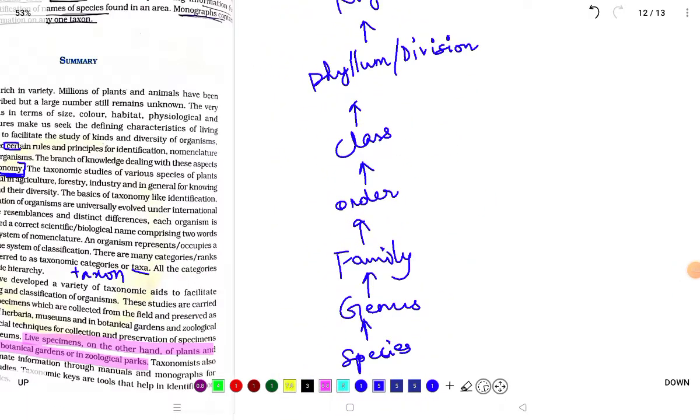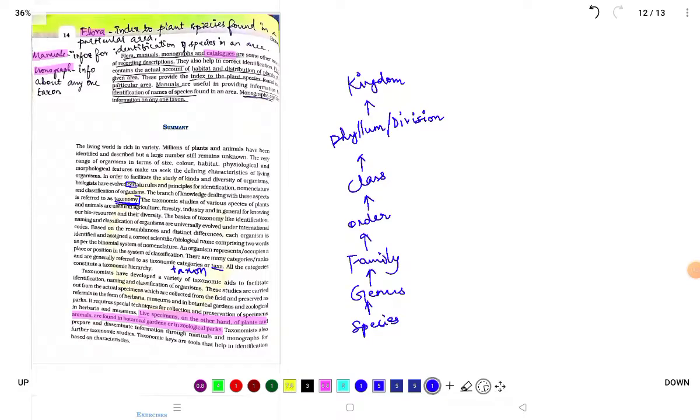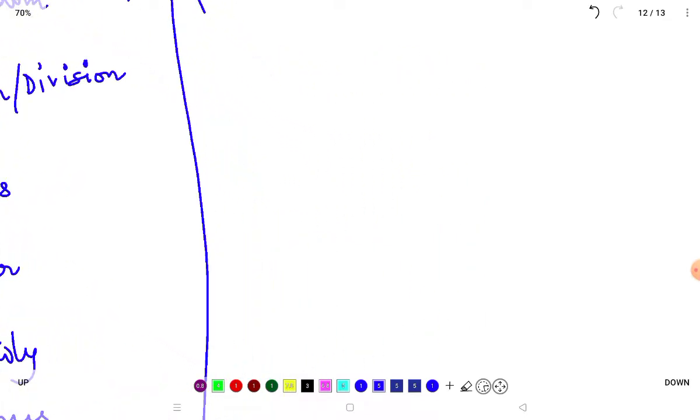See, as we move from lower to higher taxa, what happens? As we move from lower to higher taxa, the common characteristics, or the similarity, decreases.